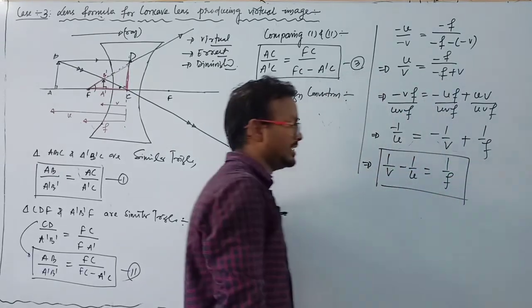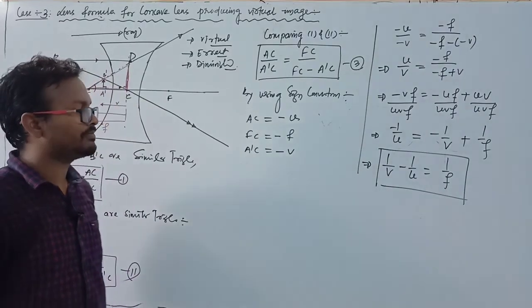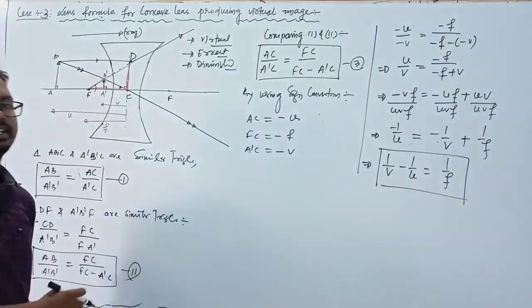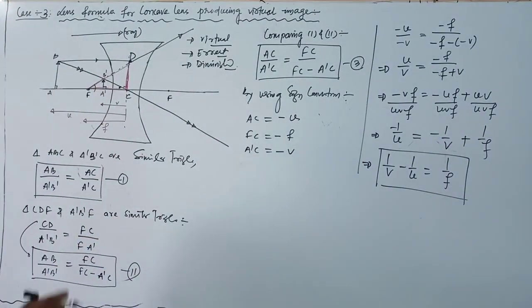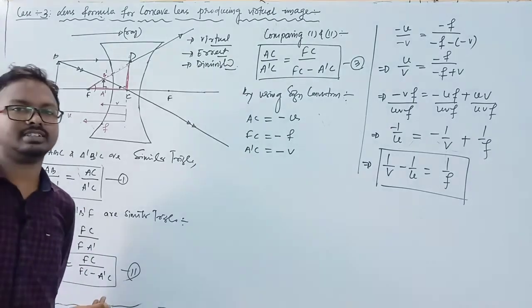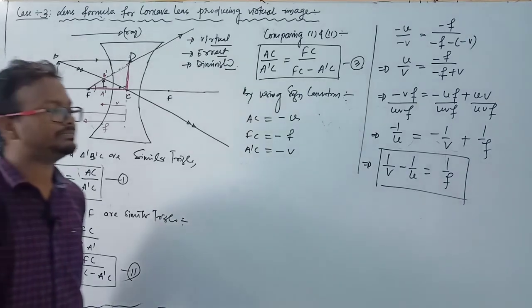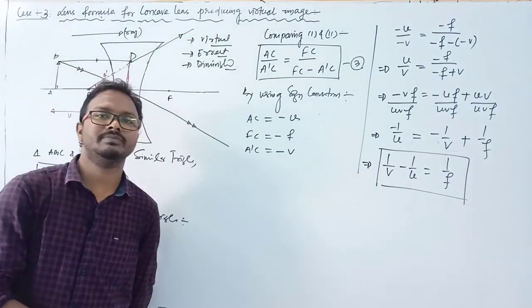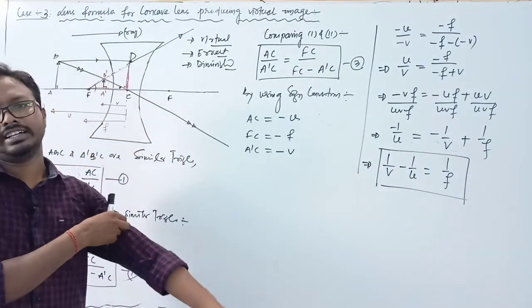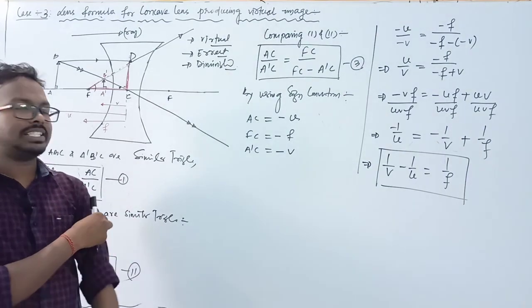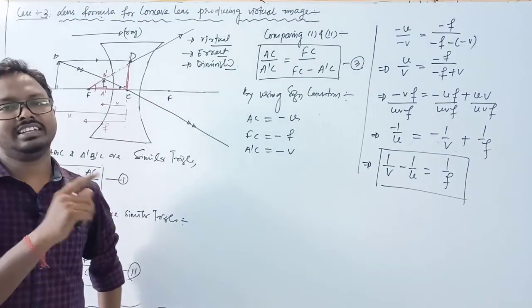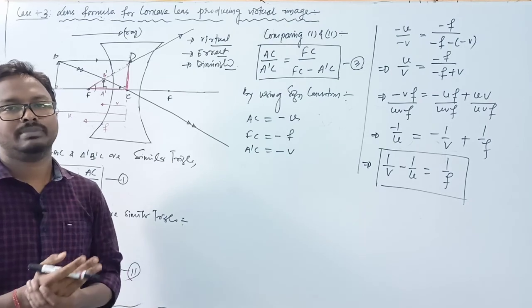This formula is known as the thin lens formula, and it is valid for both convex and concave lenses, producing real and virtual images. This is all about the lens formula. In the board examination, a 3 mark question may ask: derive the lens formula for a real image by using a convex lens.